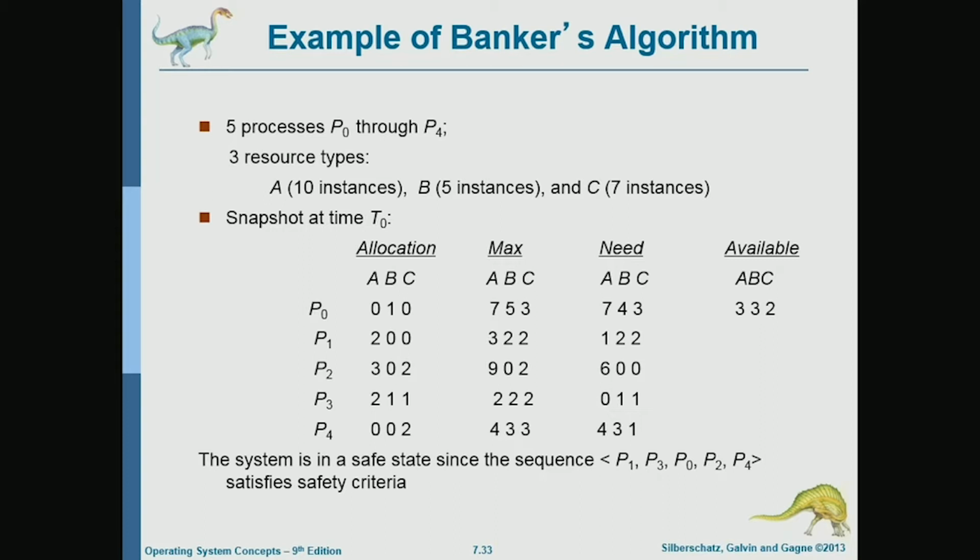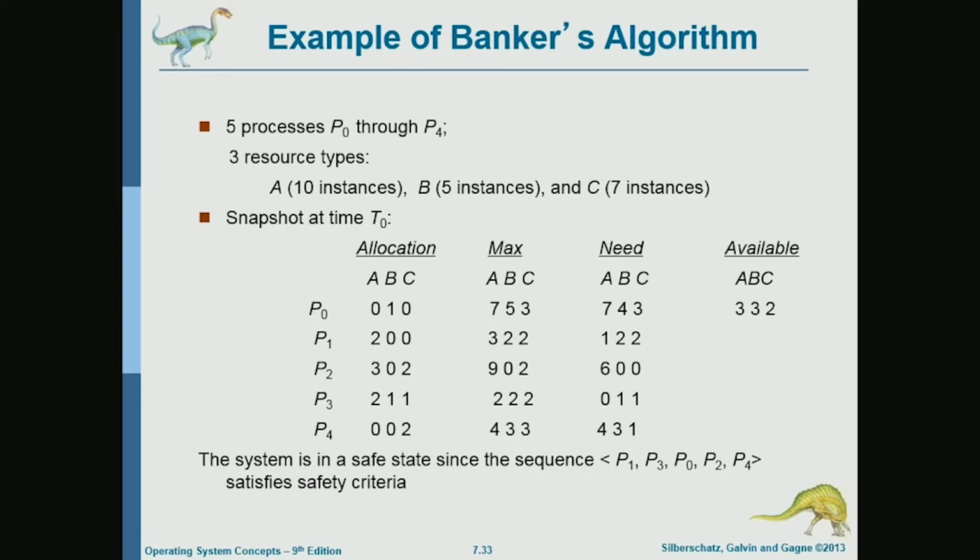The maximum minus what it currently has. So it's 7 minus 0, which is 7, 5 minus 1, which is 4, and 3 minus 0, which is 3. So these are the projected needs of process number 0.